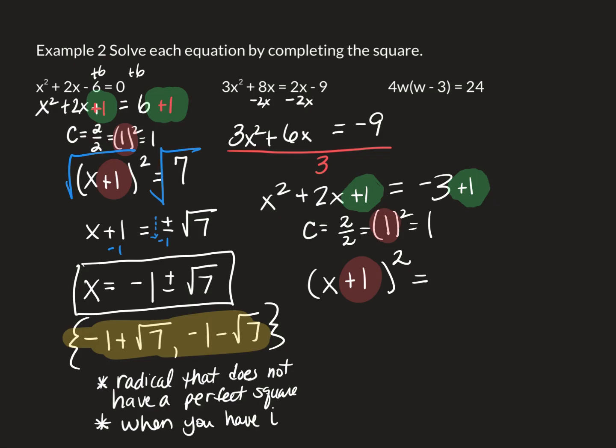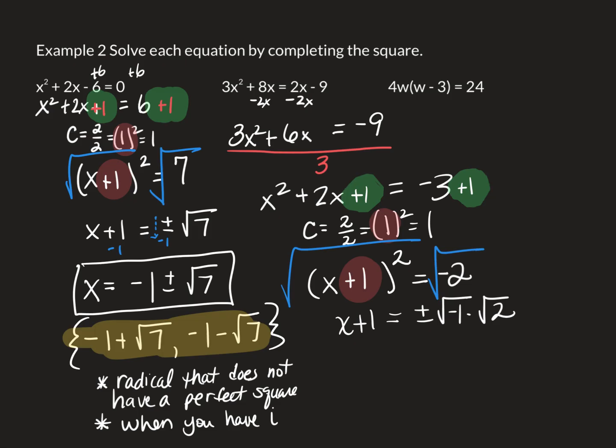Simplify on the right. -3 plus 1 is -2. Take the square root of both sides. X plus 1 will equal plus or minus the square root of -1 times the square root of 2.